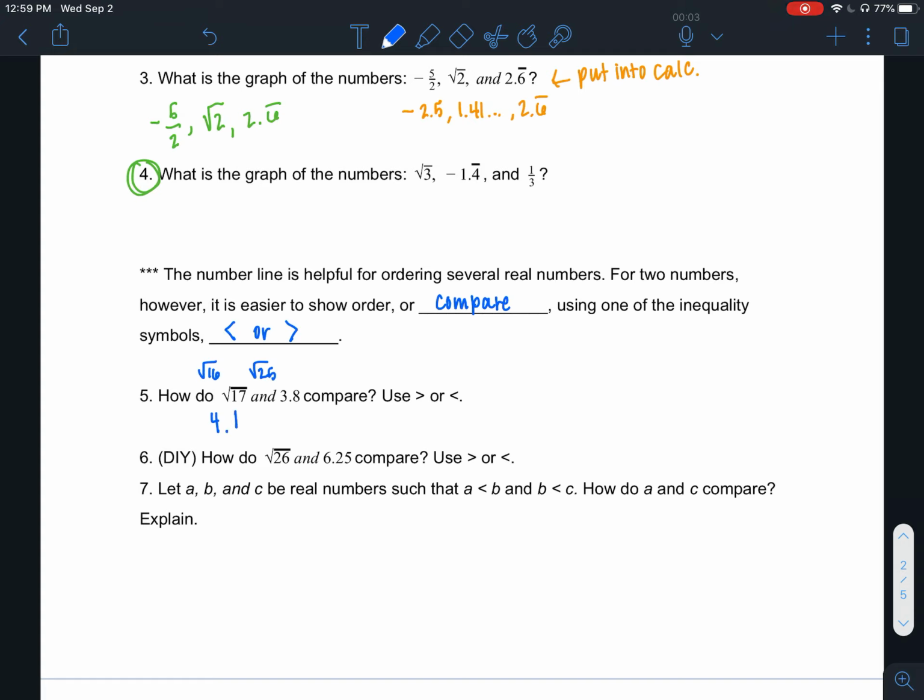You can type it in your calculator, but I feel confident with that answer. And it doesn't really matter anyway, because that's quite a bit bigger than 3.8. So the square root of 17 is greater than 3.8. Again, if you can use that logic, it can really help you. You're going to go ahead and do that problem on your own.